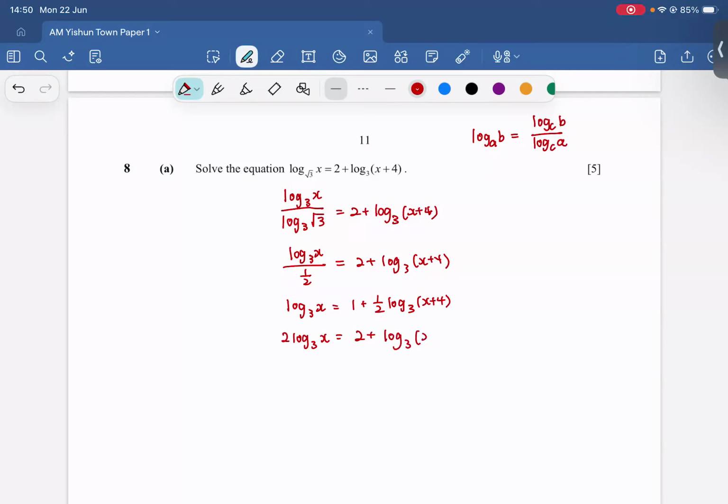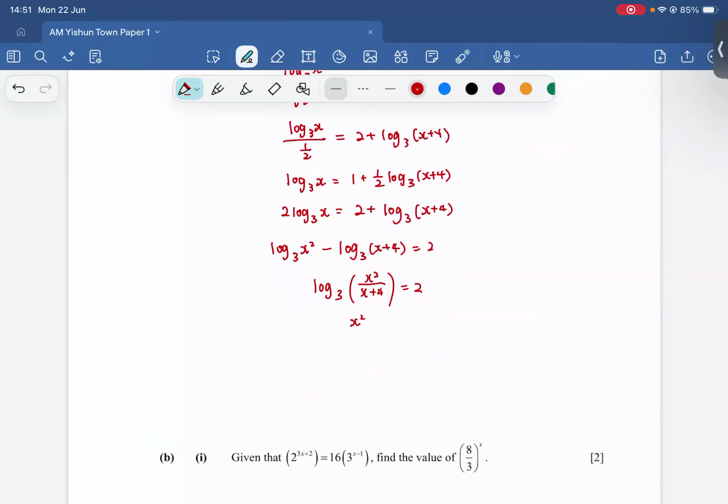Then what do we do? We bring all the log to one side. Then we combine them together. Then we use the most important log formula to get rid of your log. This becomes 3 power 2.